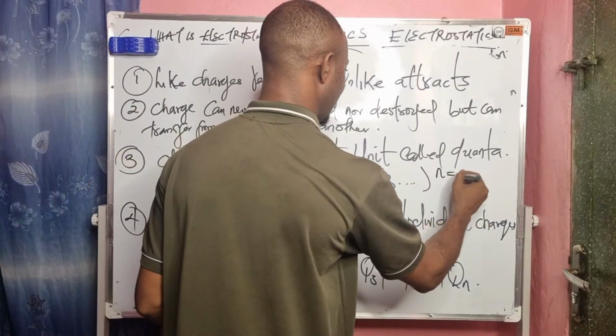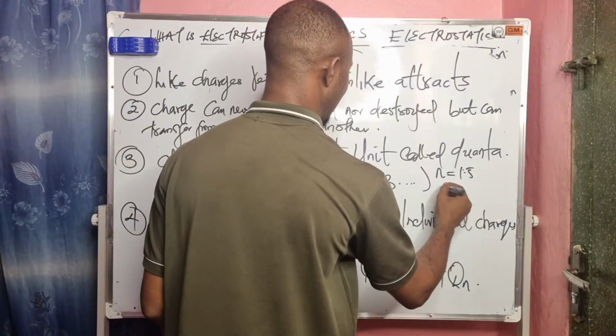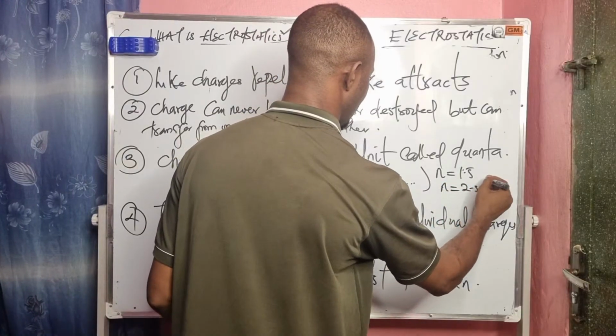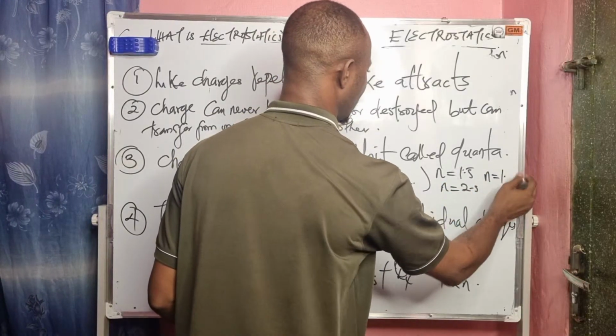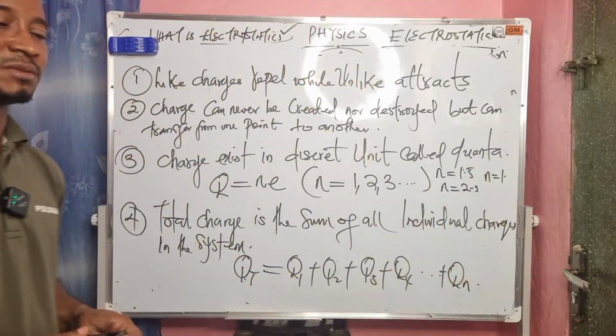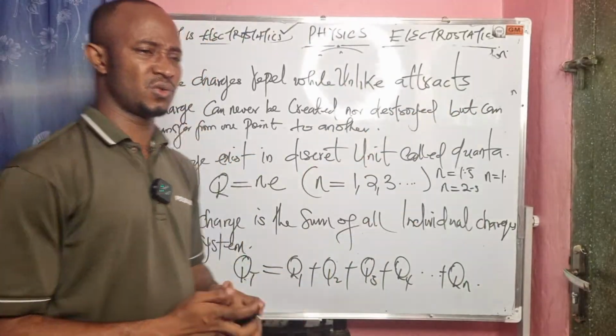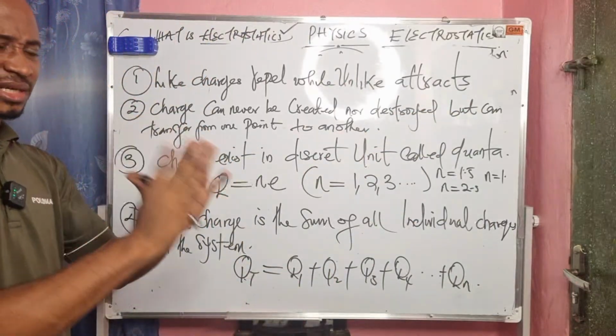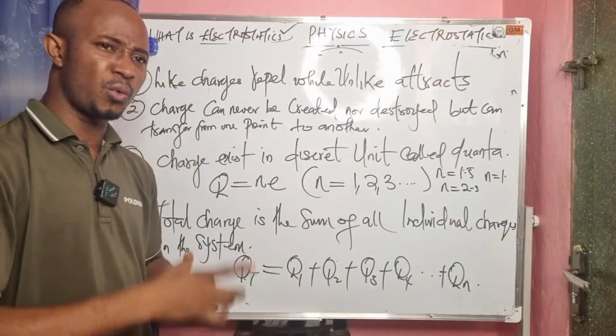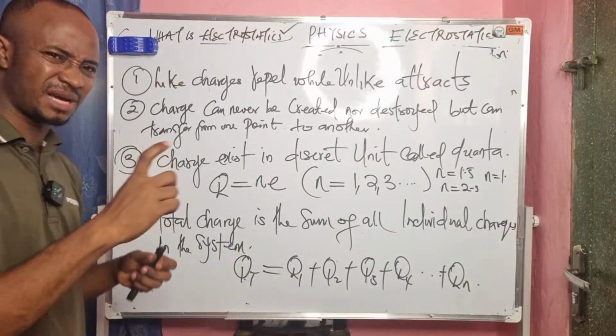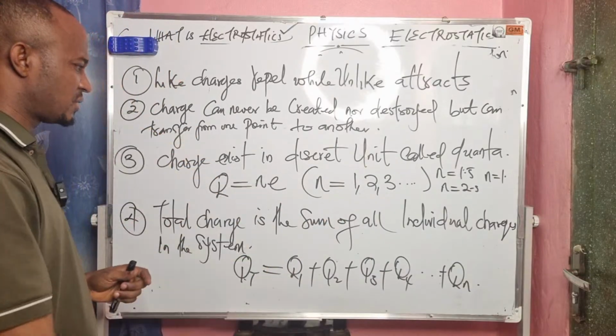We can't have N as 1.5, or 2.5, or 1 point something. It must be a whole number, like 1, 2, 3, 4, 5, 6, 7. So it exists in discrete units called quanta. Quanta means a fixed amount.